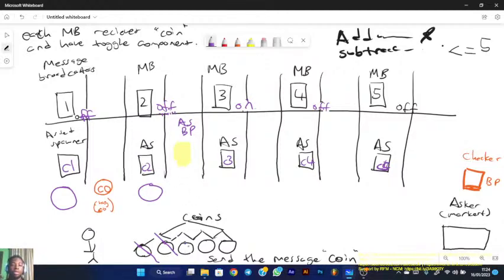If the player collects a third coin, this asset spawner basic platform is killed and spawned here. This is the third coin, C3. The asset spawner is now spawned here. This guy is turned off, and this guy is turned on. So now we have 3 coins.